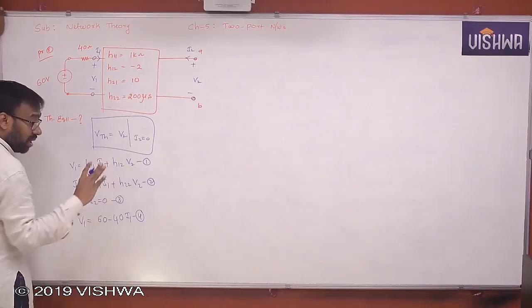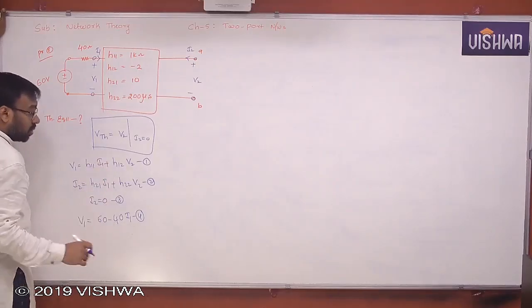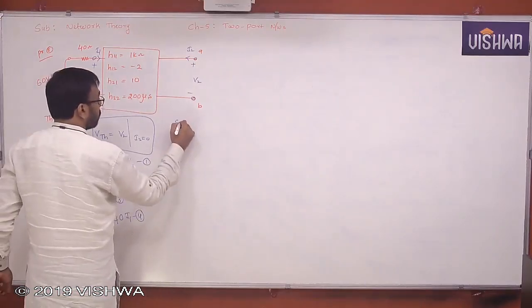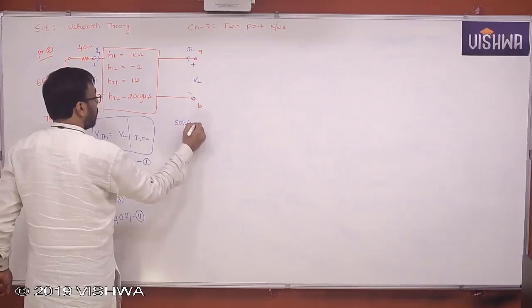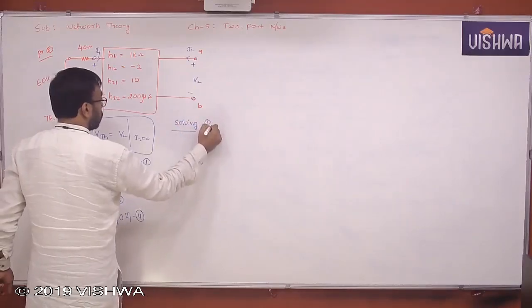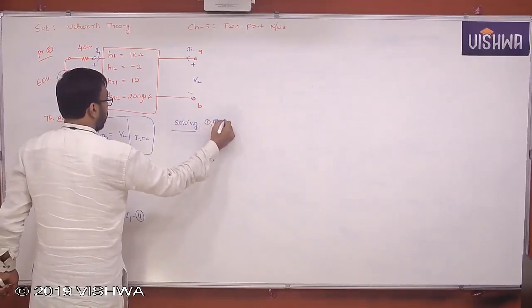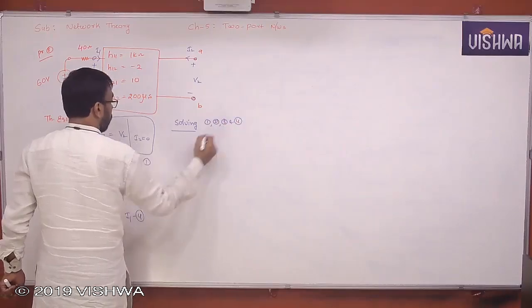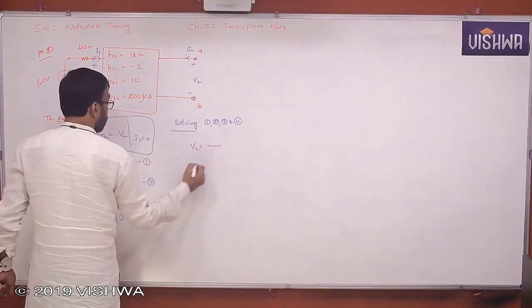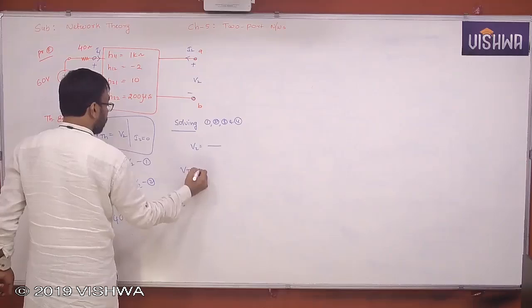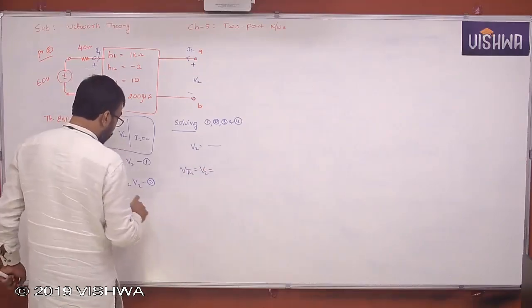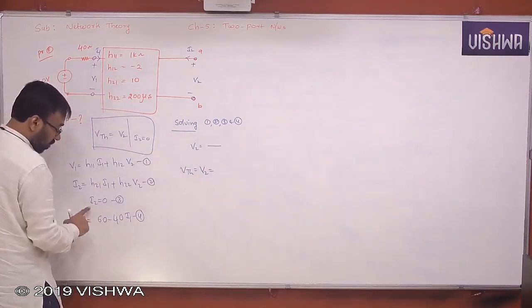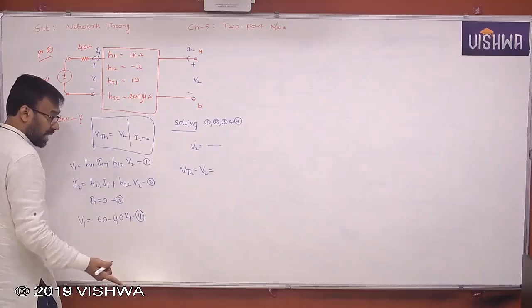You need only V2. I hope you understand. So solving equations 1, 2, 3, and 4, you will get V2. Now VTH is nothing but V2 only, because you found this V2 with the condition of what? I2 = 0. That's nothing but VTH only.